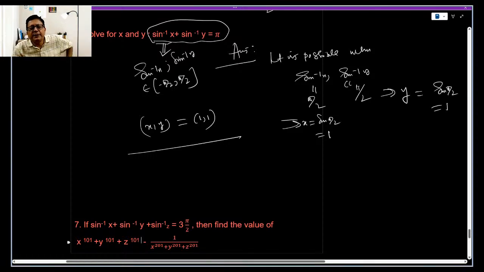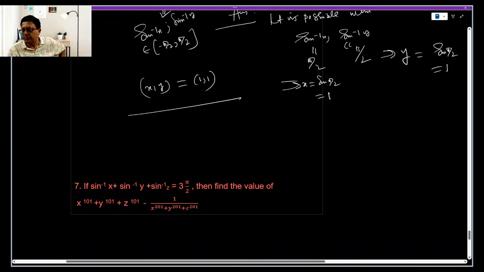So the sum of these three functions is 3 pi by 2. Find the value of this thing. Again, you apply the same rule. Okay? Sin inverse x, sin inverse y, sin inverse z equal to 3 pi by 2. Find the value of this thing. How to? Again, the same logic.